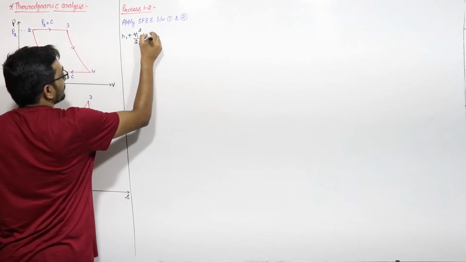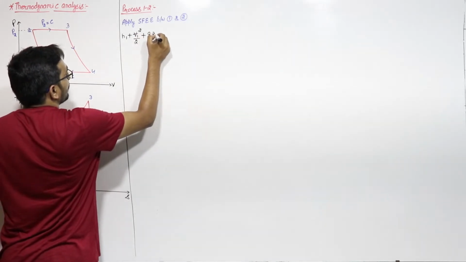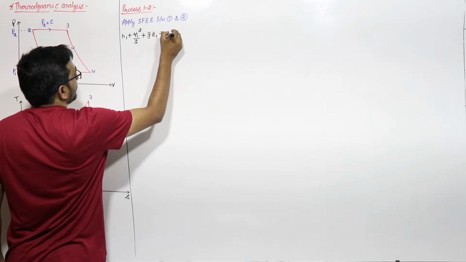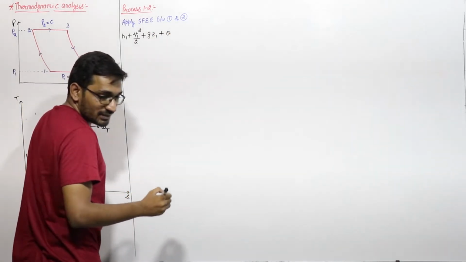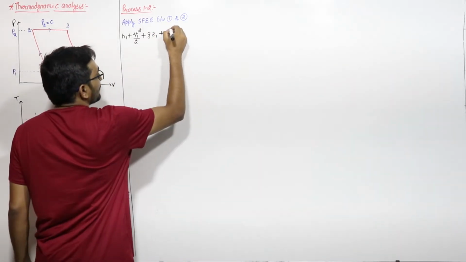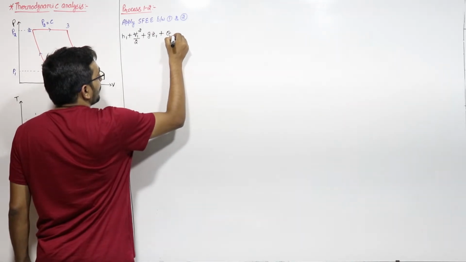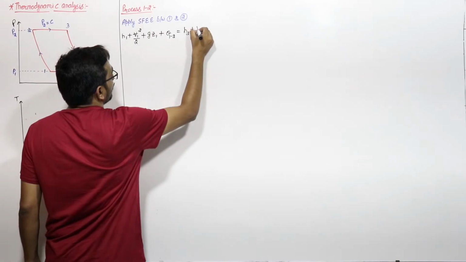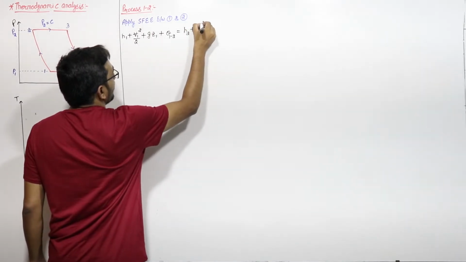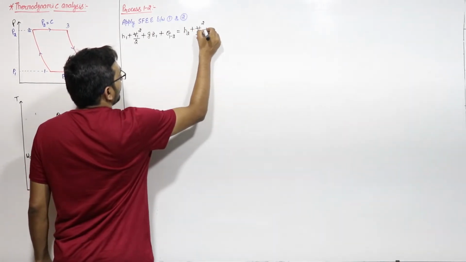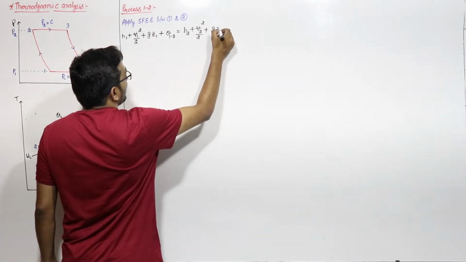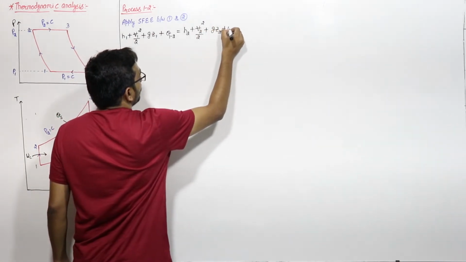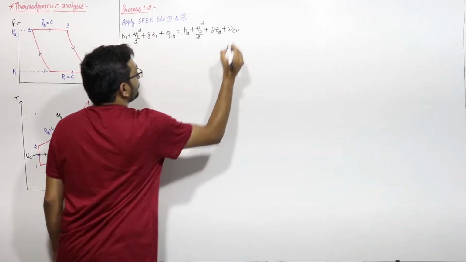V1 square by 2 plus gZ1 plus heat added to the system, let us say heat added in process 1 to 2, is equal to H2 plus V2 square by 2 plus gZ2 plus work done by the control volume.